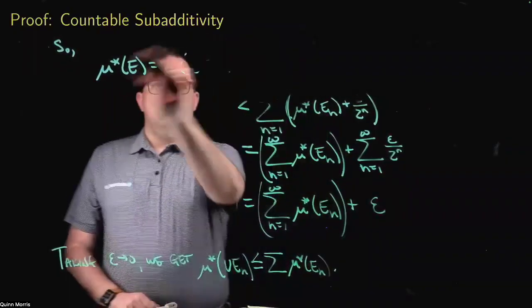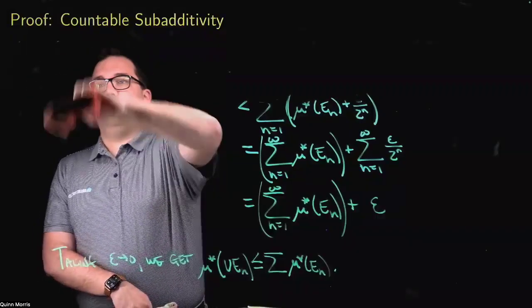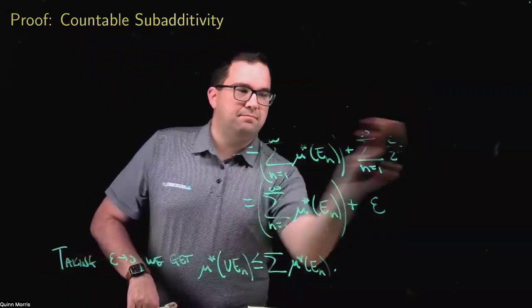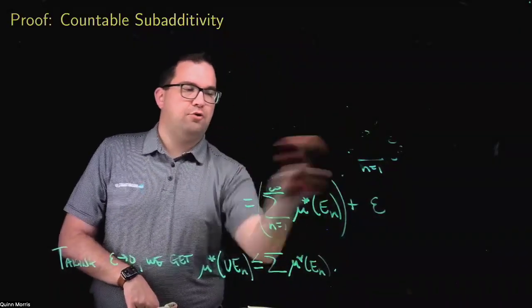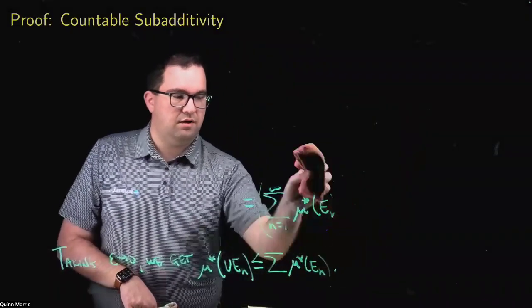In the next video, what we want to do is define not the Lebesgue outer measure, but the Lebesgue measure itself. And what we will see is that Lebesgue measure is just Lebesgue outer measure restricted to a nice class of sets.